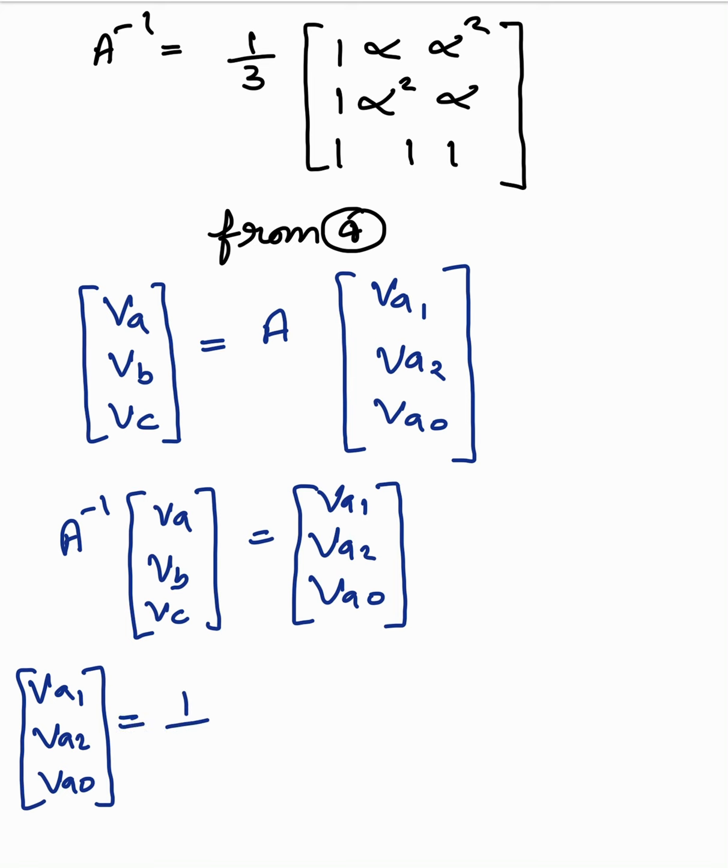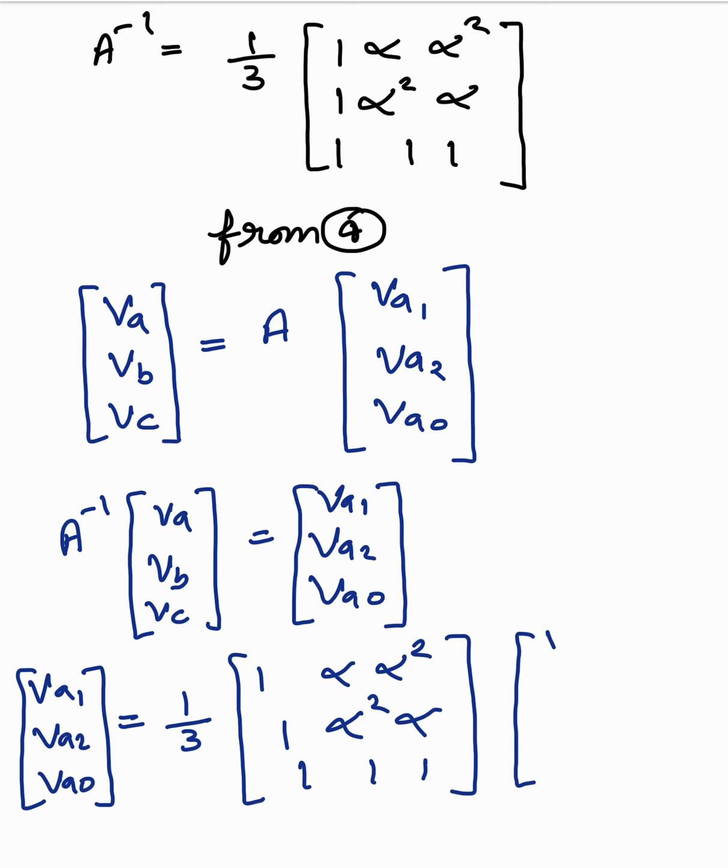So VA1 VA2 VA0 is equal to 1 upon 3, and what is the value of A inverse? We have to put 1 upon 3 and the matrix 1 alpha square, 1 alpha square alpha, 1 1 1, times VA VB VC. So finally we have to conclude the symmetrical components of unsymmetrical phasors.